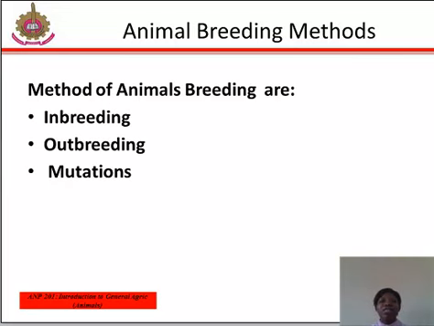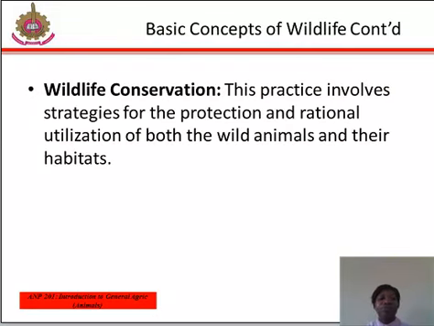New traits in a population can also be induced through mutation. Since most of these mutations are harmful and the process of induction of mutation is quite expensive, this method of improvement of animals is impractical.